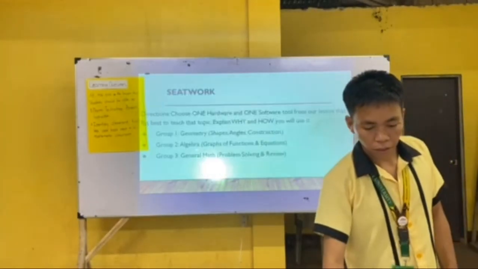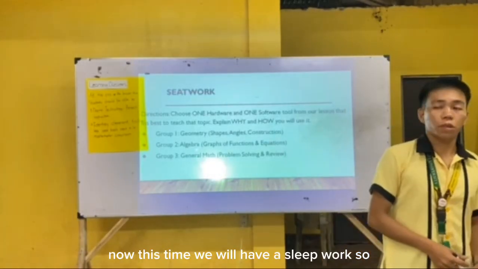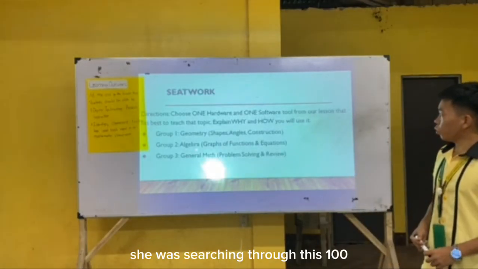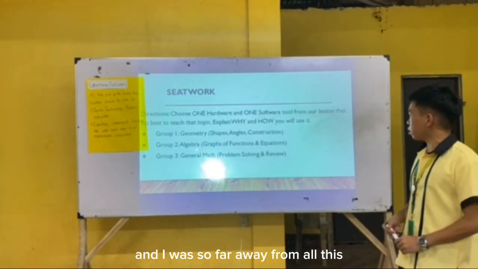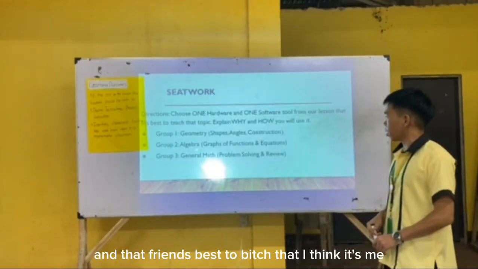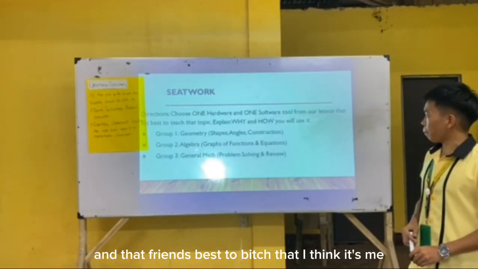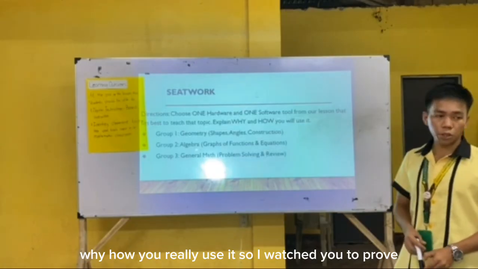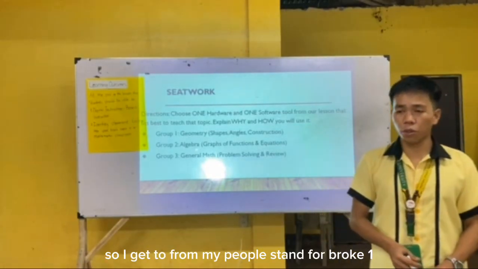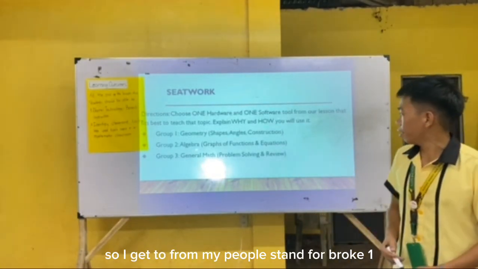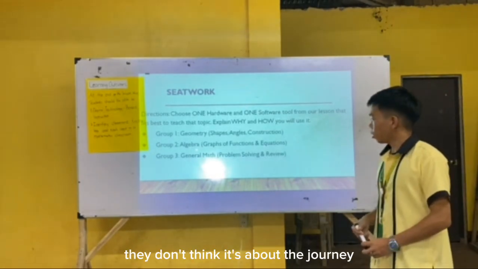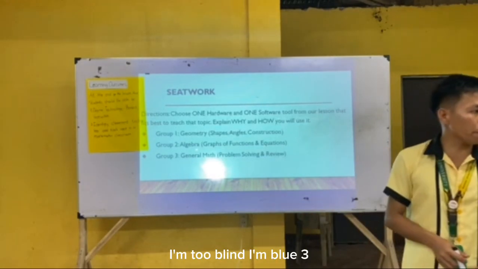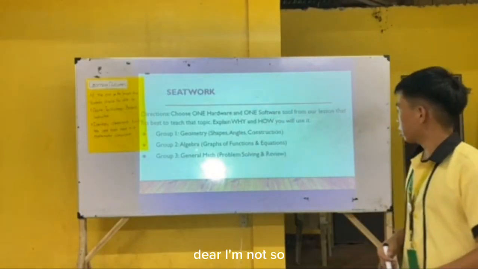Now this time we will have a seatwork. Choose one hardware and one software tool from our lesson that works best to teach the topic. Explain why and how you will use it. I want you to form 3 groups. Group 1's topic is geometry, group 2 is algebra, and group 3 is general math.